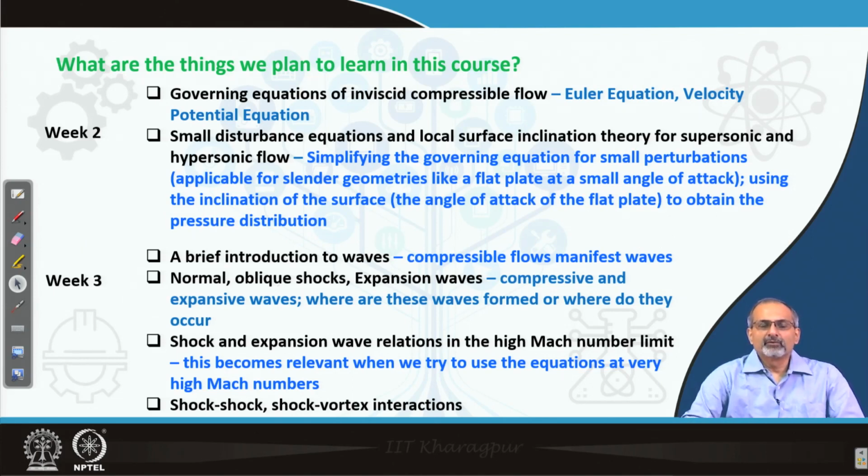In these compressible flows where you have an abundance of wave-like features, you can think about different kinds of interactions occurring. Some of the more common ones are interaction between shocks, where we say it is a shock-shock interaction. There could also be interaction between shock and vortex. So, these are very interesting phenomena which we will briefly look at.